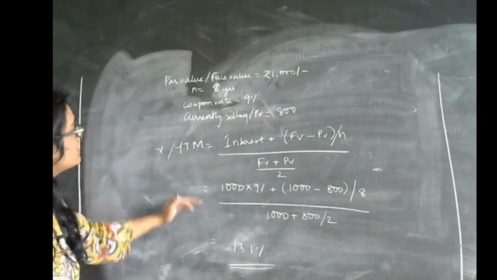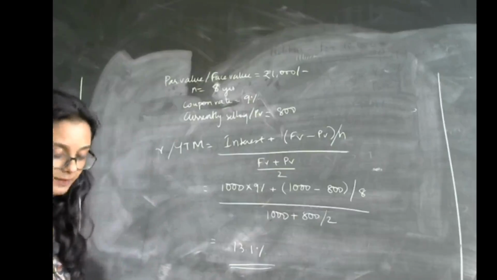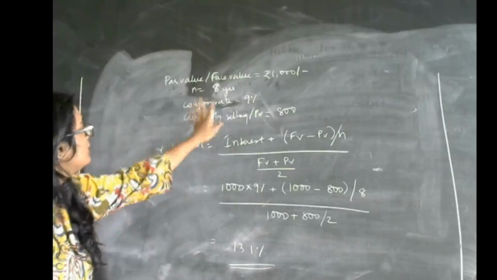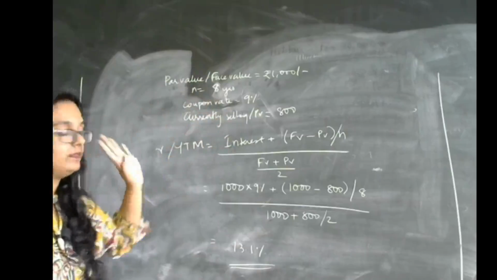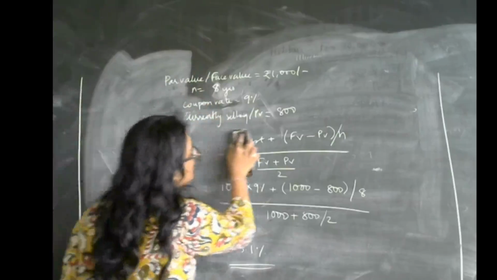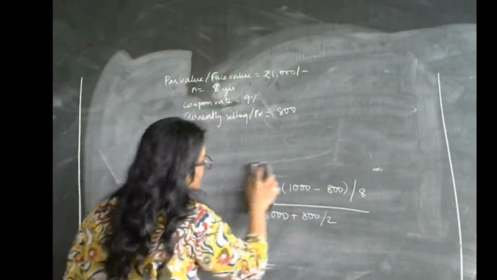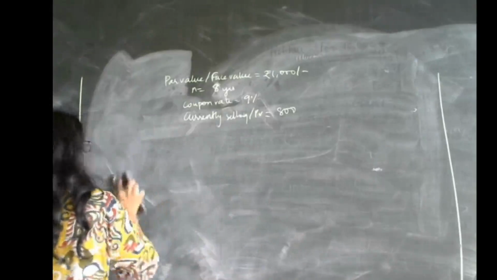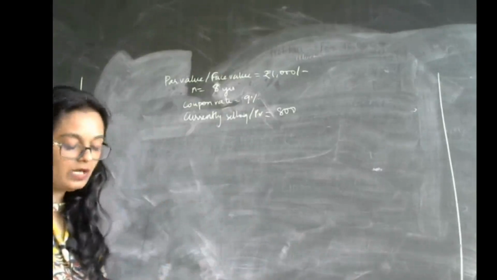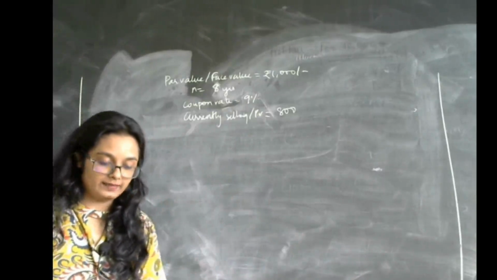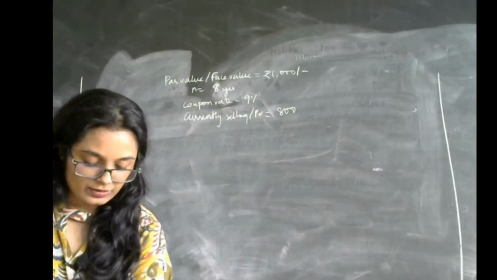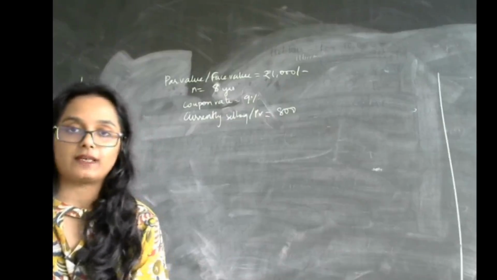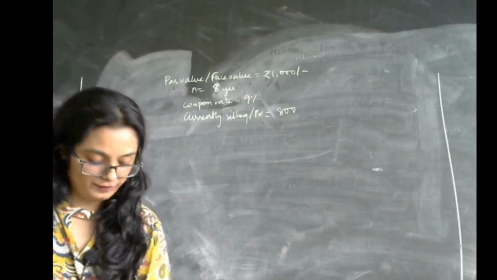Okay, so this is how you find your YTM. Now currently the value of R is not given. Without R we cannot find the present value interest factor annuity as well as the present value interest factor.